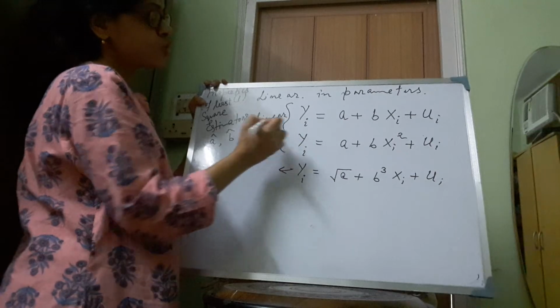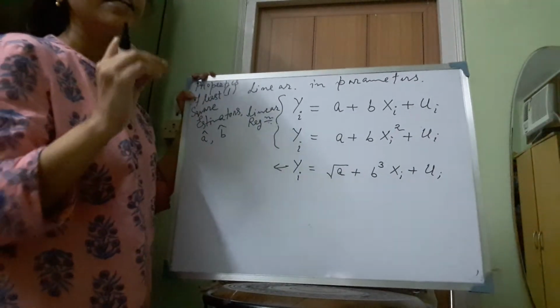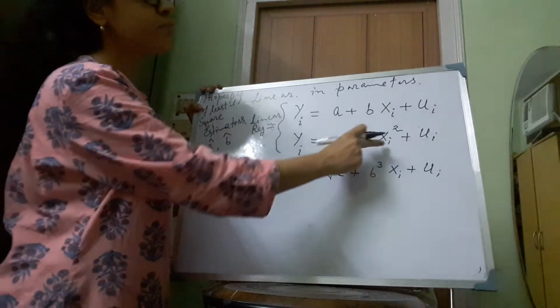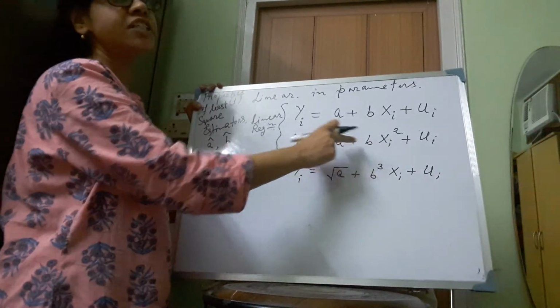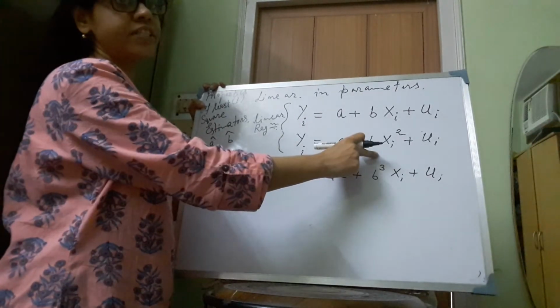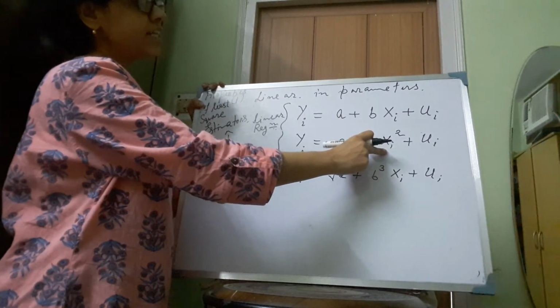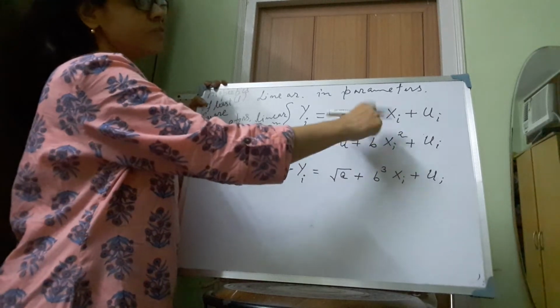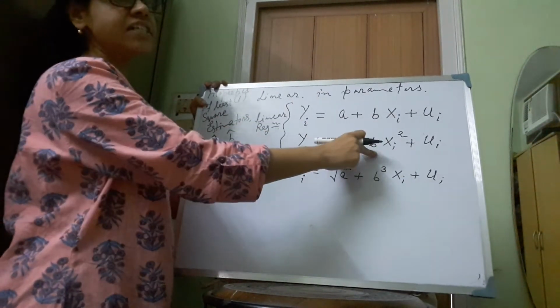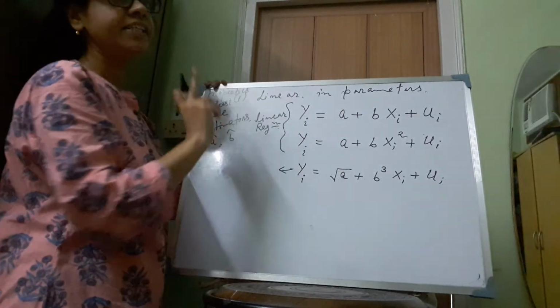So linear regression equation means linearity in parameters, not the linearity in the variables. Variables can be non-linear, but parameters should be linear. So here in these two cases the parameters are always linear, although in the second equation the variable is non-linear, it is quadratic, but still the parameters are linear. So therefore it is a linear regression equation.